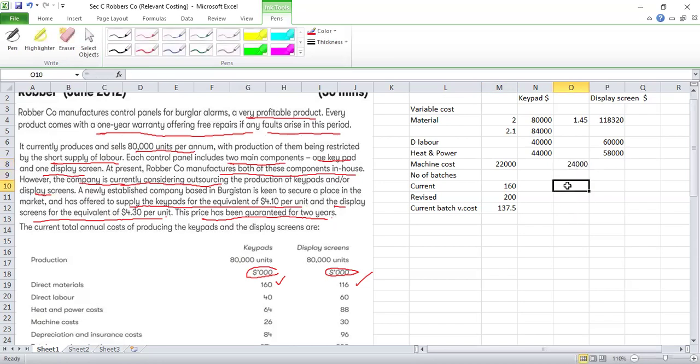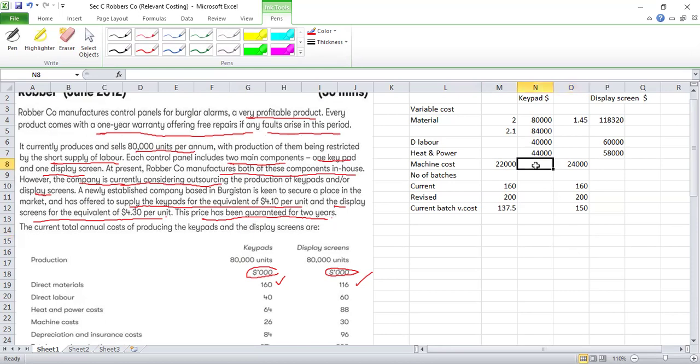Batches will remain the same, 160 and the revised 200, but definitely batch cost will not remain the same: 24,000 divided by 160, so it will be 150. So we vary at 150 variable cost per batch right now with respect to machine setup cost.